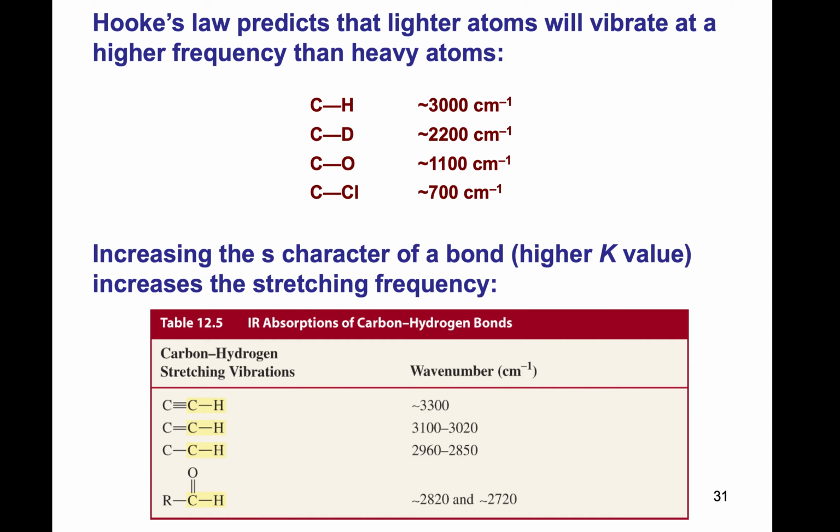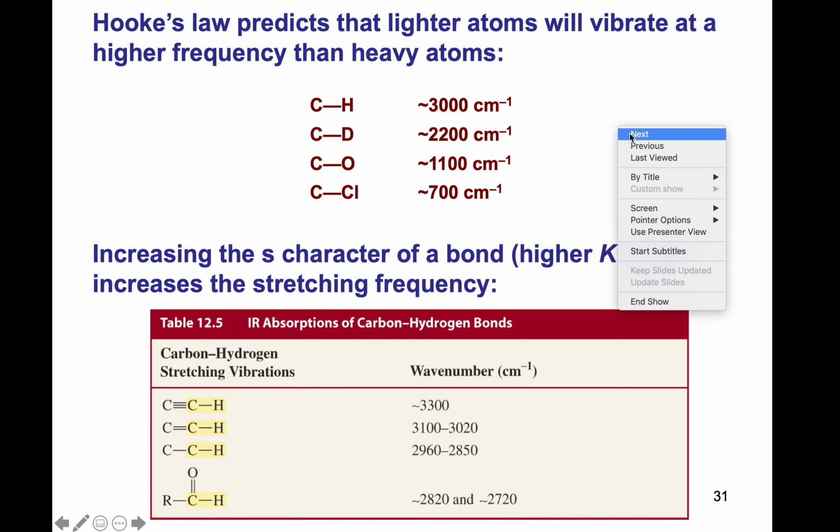If you don't have any unsaturation, no pi bonds, then an alkane would be about 2,960 to 2,850, and the aldehyde actually exhibits 2 stretchings, symmetrical and asymmetric, one at 2820 and the other at 2720. So you can always tell with aldehydes because you'll see for the CH 2 absorption bands.